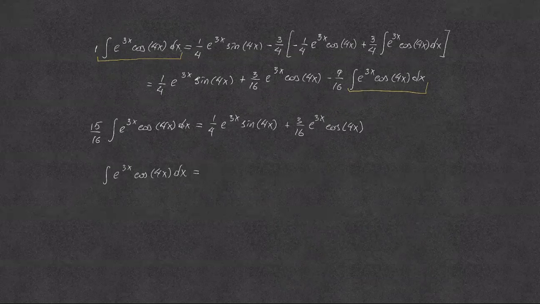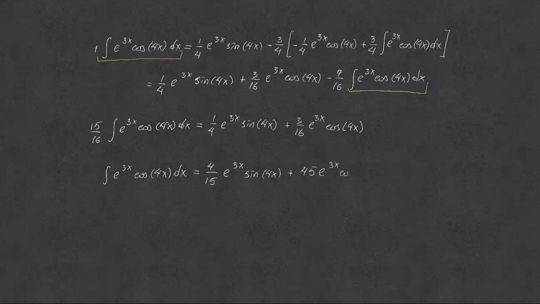You can simplify that, and you're going to get 4/15 e to the 3x sine of 4x plus, 15 times 3 is 45, the 16s are going to cancel out, so it's going to be 3/45 e to the 3x cosine 4x.